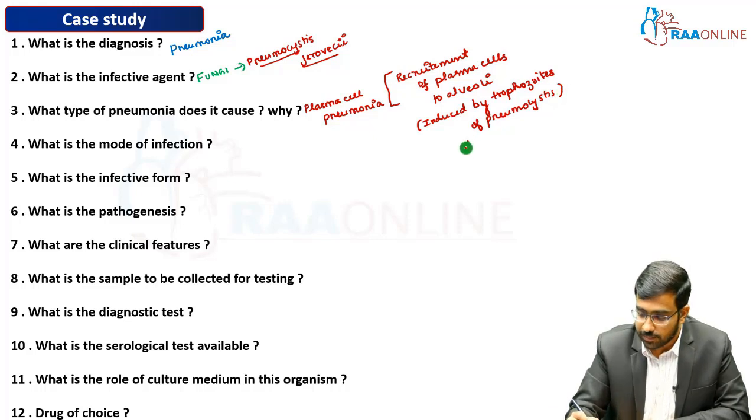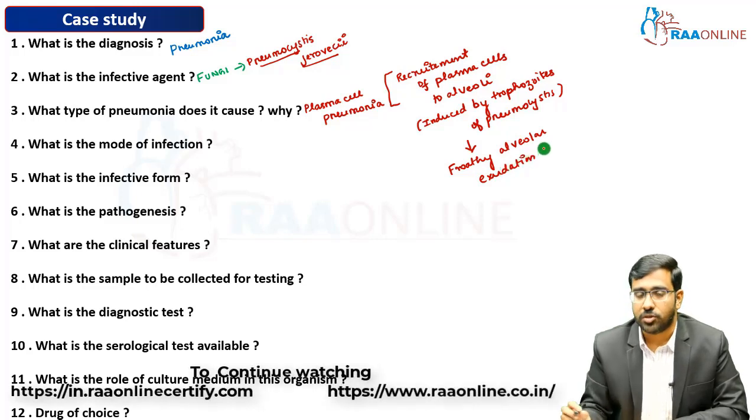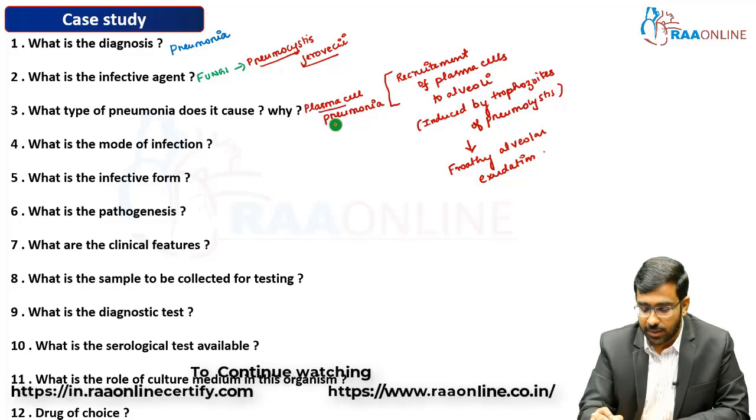So there is frothy alveolar exudation, and there is tissue injury and inflammation mediated by the plasma cells. That is why it is called plasma cell pneumonia.